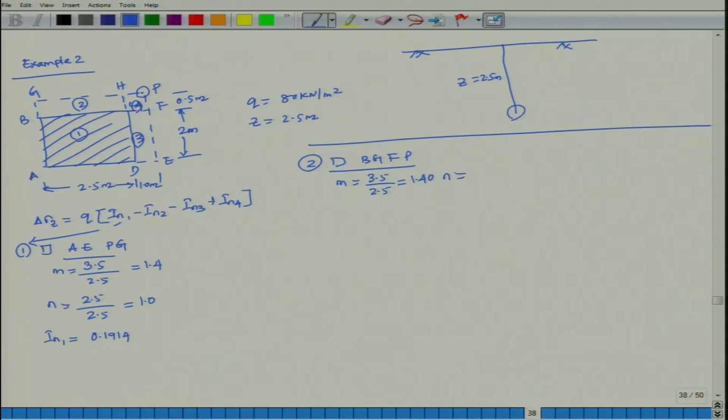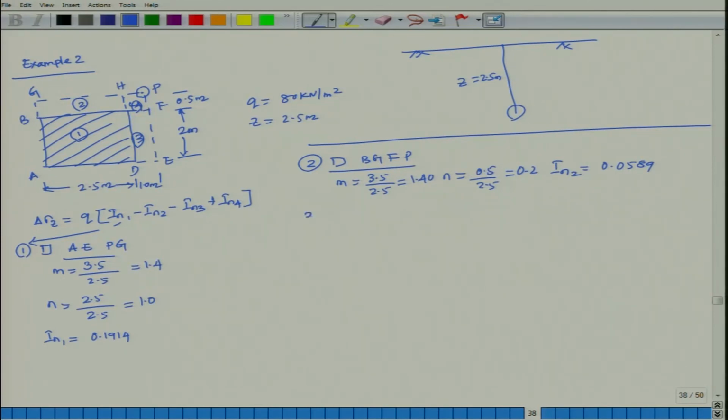N is equal to 0.5, this part is your 0.5, 0.5 by 2.5, which is equal to 0.2. I_n2 is equal to 0.0589.